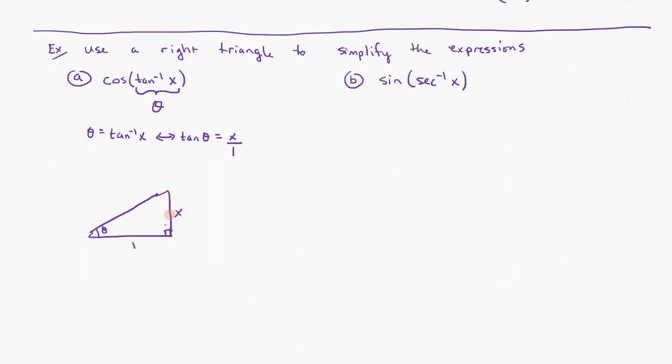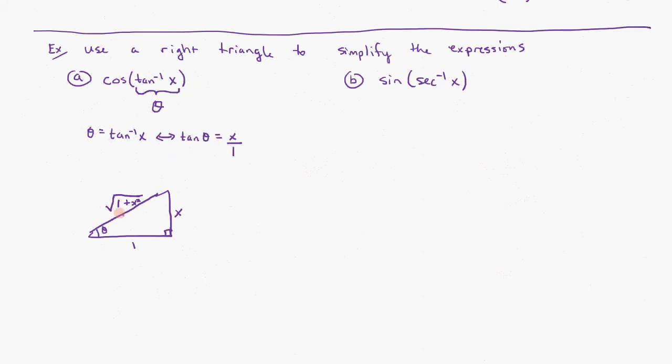So this side length is x, this side length is 1, and then we use the Pythagorean theorem to compute the length of this side. So it's this squared plus this squared, so 1 plus x squared. And now this expression is just cosine of theta.